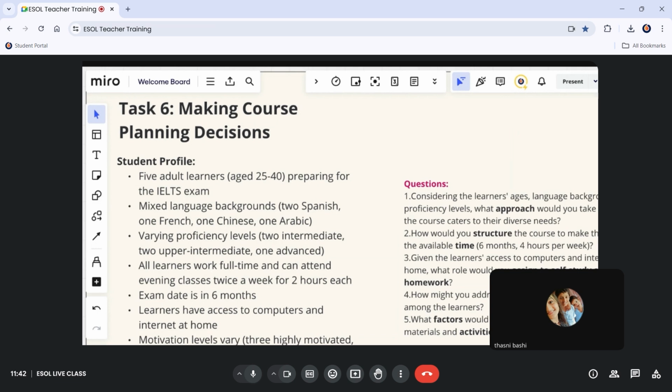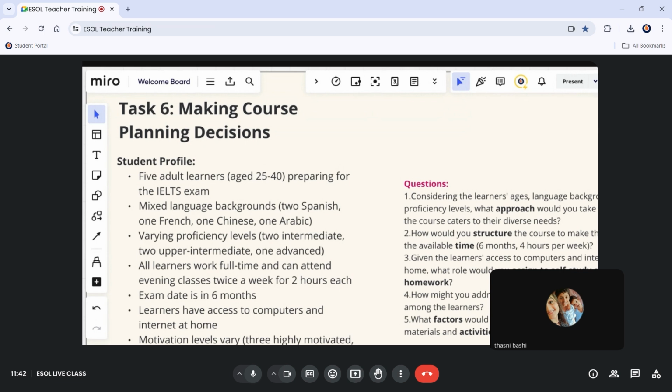I would first conduct a comprehensive needs assessment, which would help me determine the specific language skills and areas of improvement for each learner, and group learners for certain activities based on their proficiency levels to provide targeted instruction, while mixing groups for other activities to foster peer learning and support.